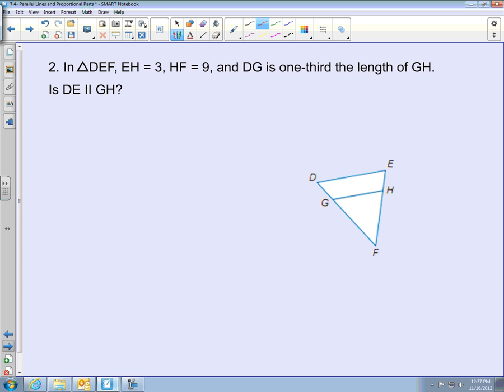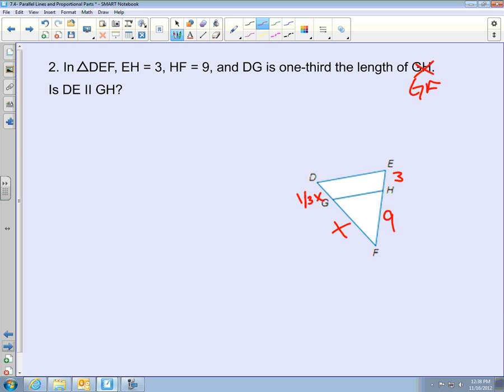All right, so let's take a peek here. In triangle DEF, EH is 3 and HF is 9, and DG is 1/3 of the length of GH. Okay, so DE is this portion here. Oh, DG, sorry, not DE. DG is 1/3 X, and that's supposed to be a GH. Sorry, guys. So that's going to be X. There we go. That's why my symbol was all thrown off.